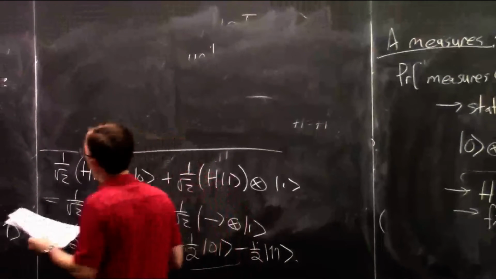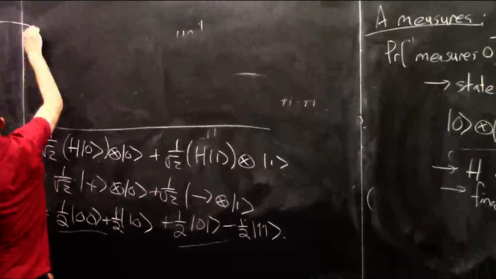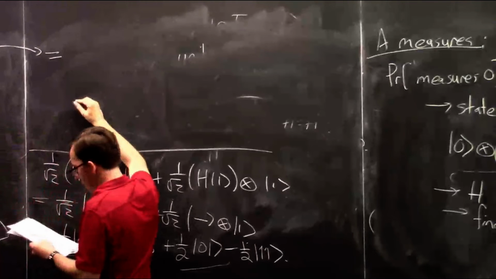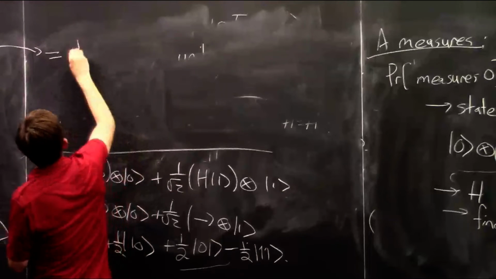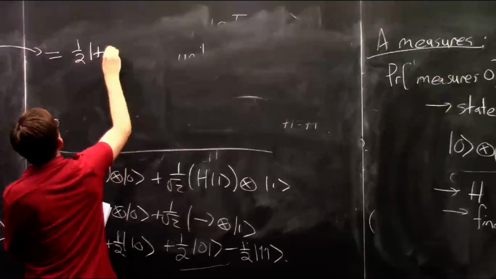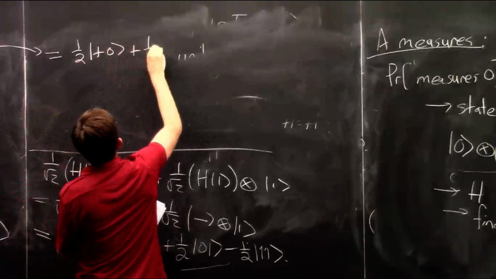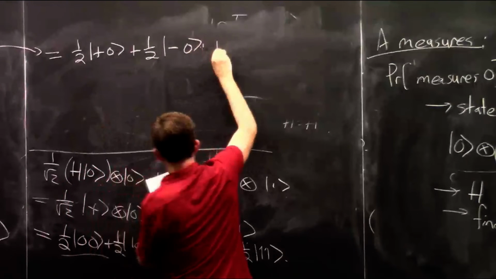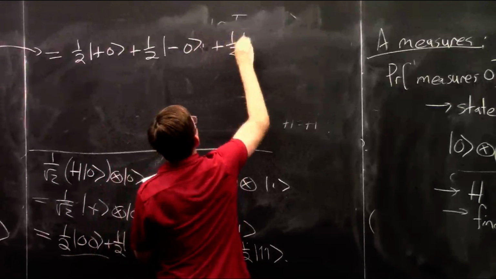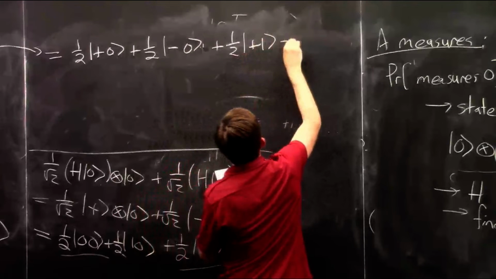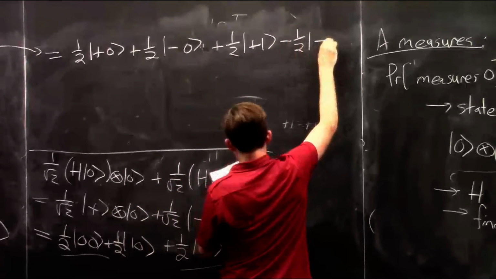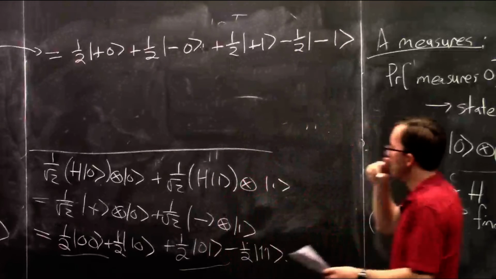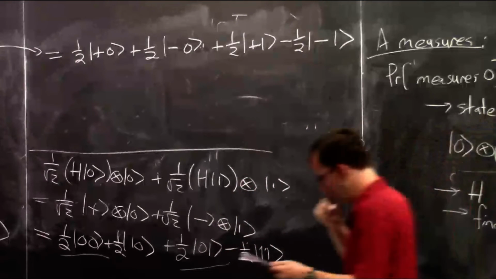OK, so therefore this equals, let's see, I'll get a half |+⟩|0⟩ plus a half |−⟩|0⟩ plus a half |+⟩|1⟩ minus a half |−⟩|1⟩. OK, again, these two states should be equal. I'm just really doing a bunch of algebra.